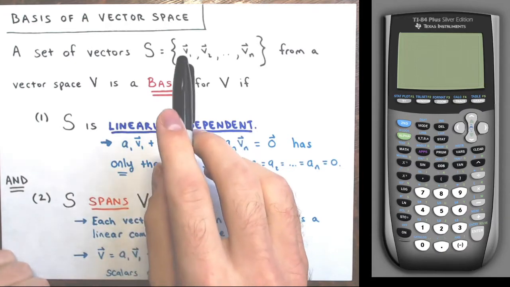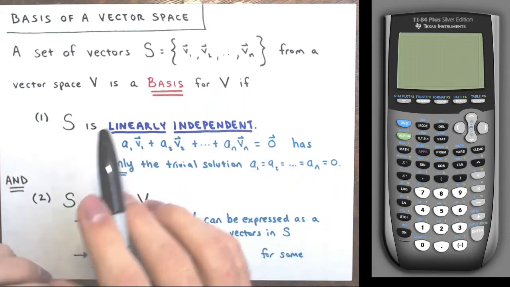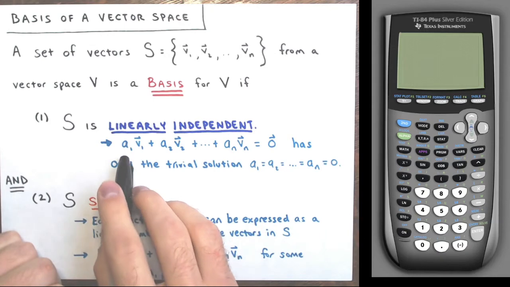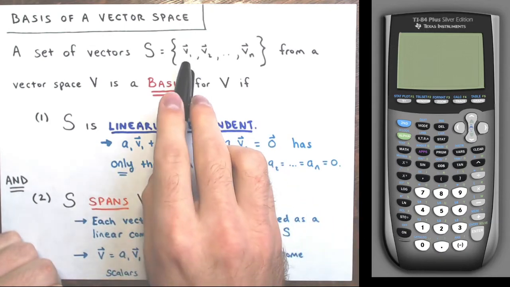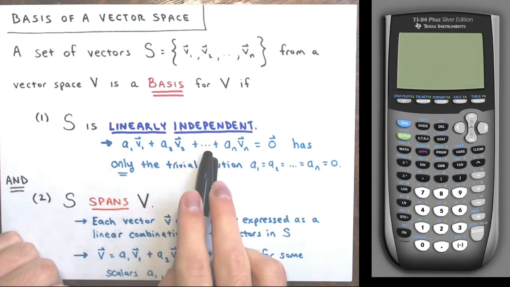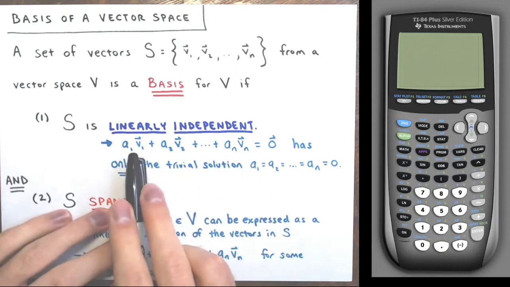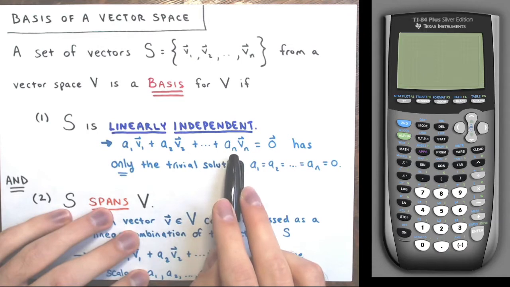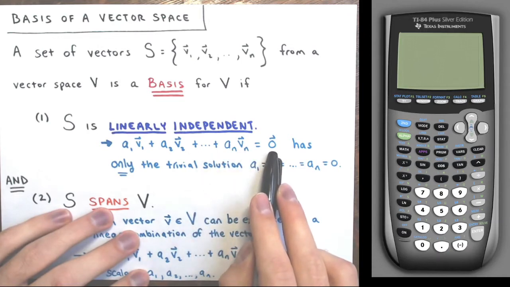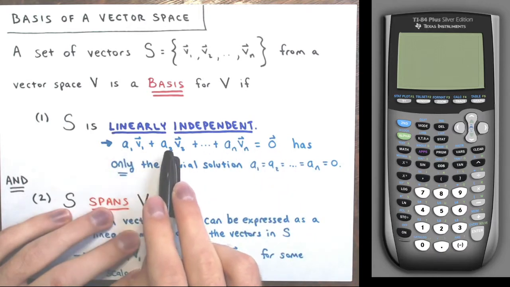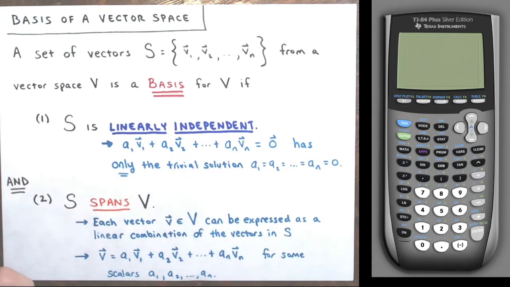That means each vector in S cannot be written as a linear combination of the other vectors in S. A way to check for independence is to take a linear combination of the vectors in S, a1 times v1 plus a2 times v2 plus all the way up to an times vn, where a1, a2, through an are all scalars, set that equal to the 0 vector, and try to find the values of a1 through an that make this true.